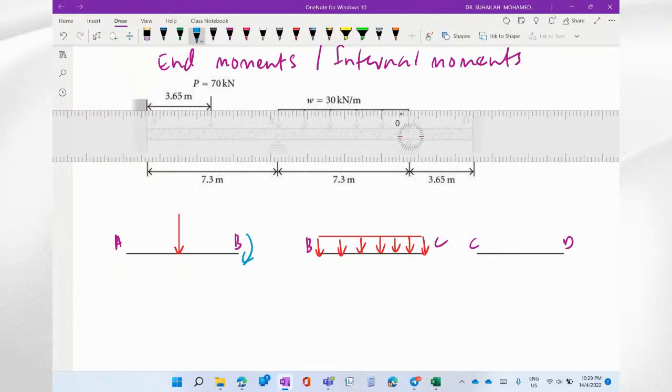Always remember that fixed end moment is member behavior. For BC, the fixed end moment is like this, and CD has no fixed end moment.